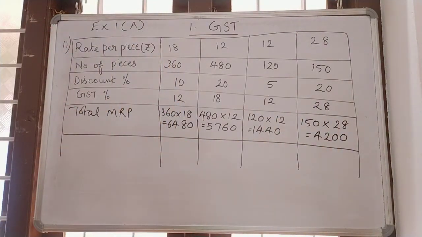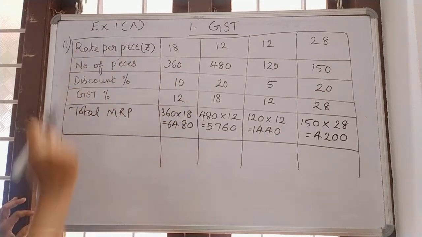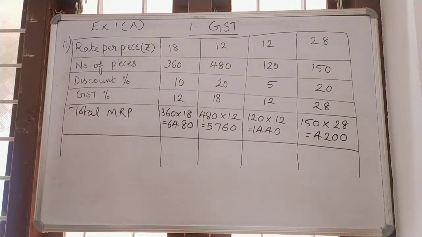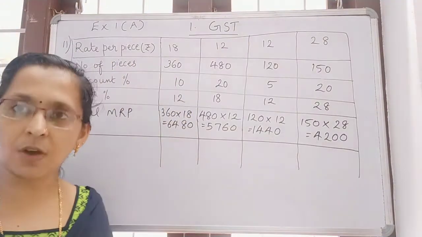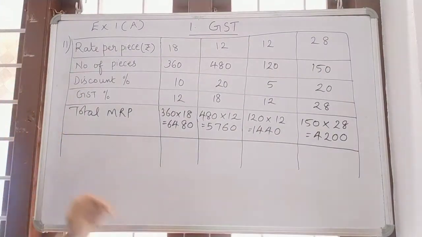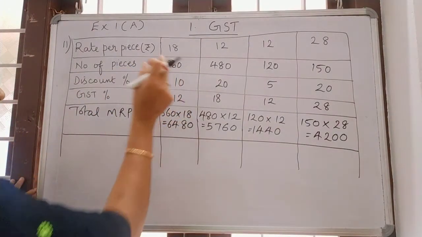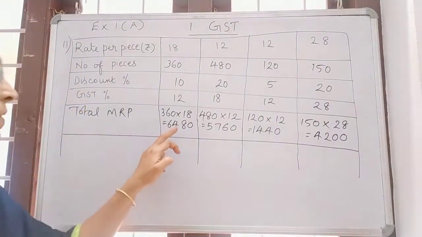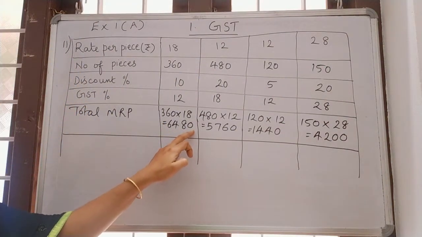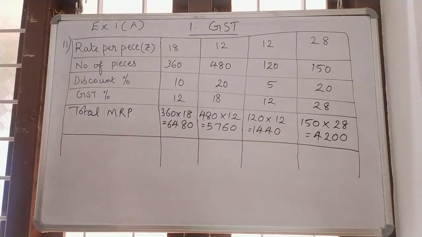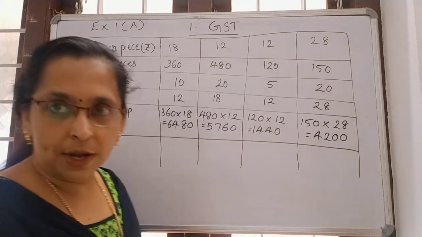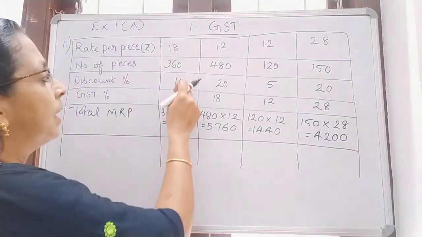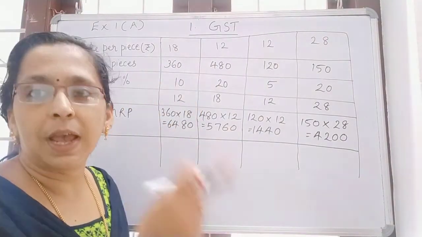They are giving us a discount of 10%. So how can we find the discounted price? They are giving us a 10% discount, which means we have to pay 90%. MRP is 6480. We have to pay 90% of that MRP.